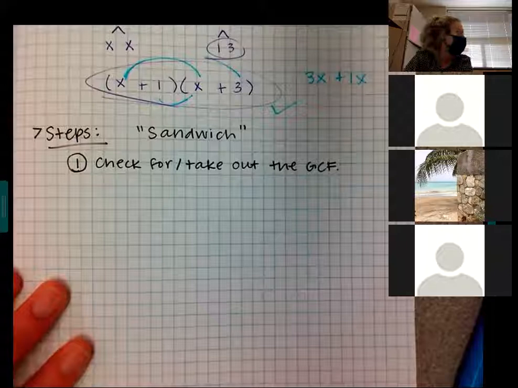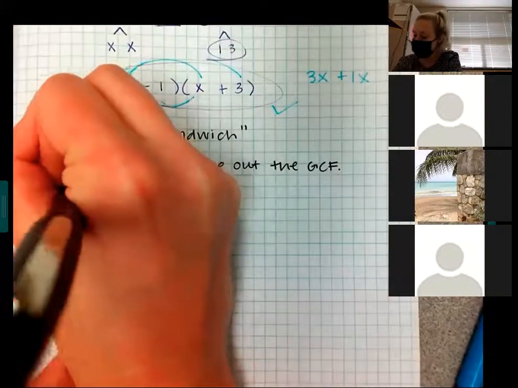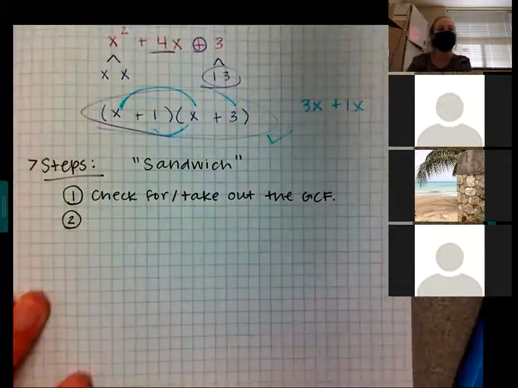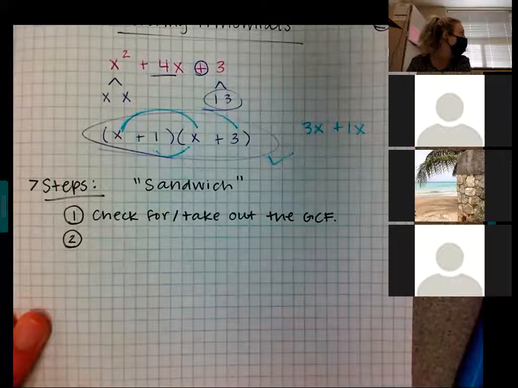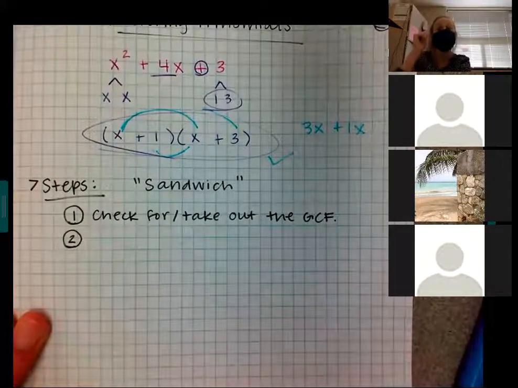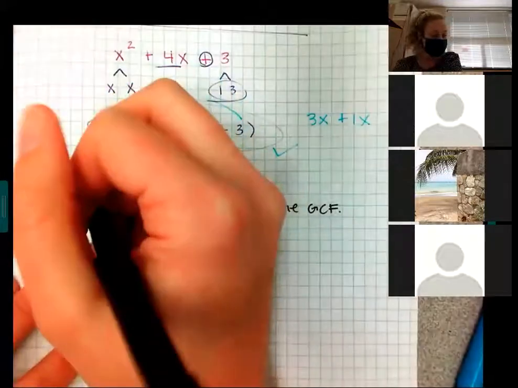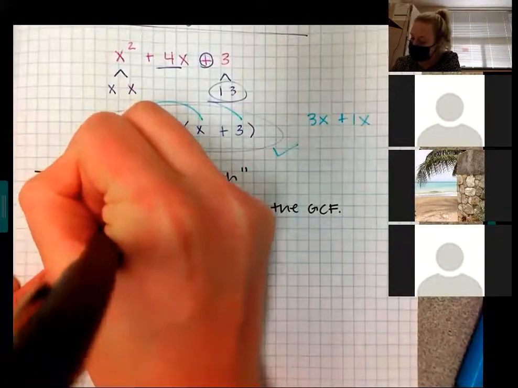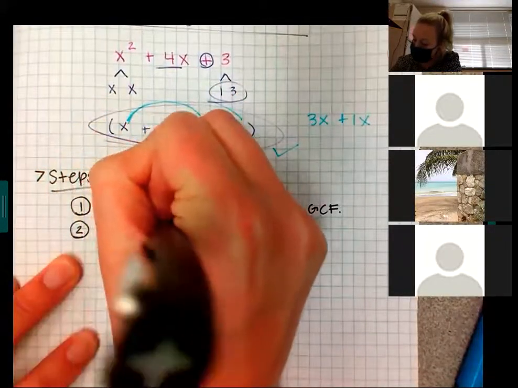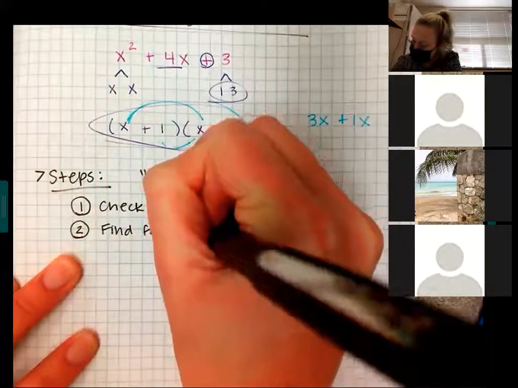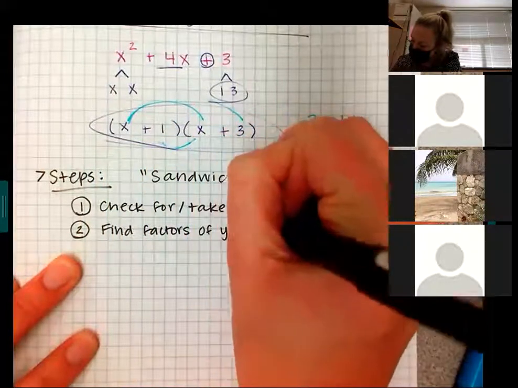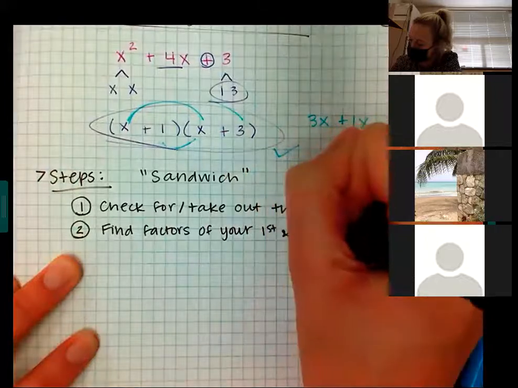Everybody good? Okay. Then what did we do second? Looked at factors of what two terms? Ends. The first and the last, the ends. Good. So you're going to find factors of your first and last term.